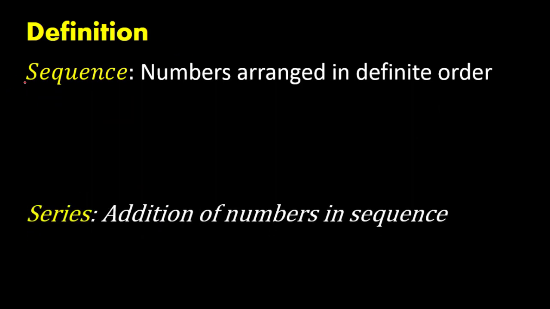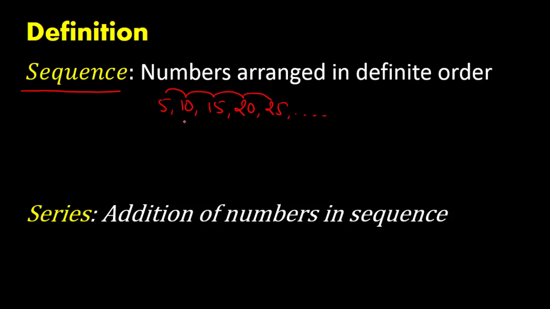Just before, I asked you what the difference between sequence and series is. A sequence is nothing but numbers arranged in a definite order. Whatever we have seen just now were all sequences. For example 5, 10, 15, 20, 25: these are sequentially ordered numbers, because there is a fixed pattern between any two consecutive terms.